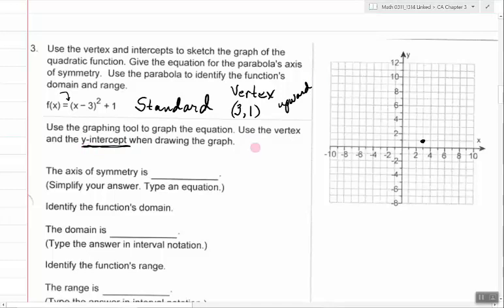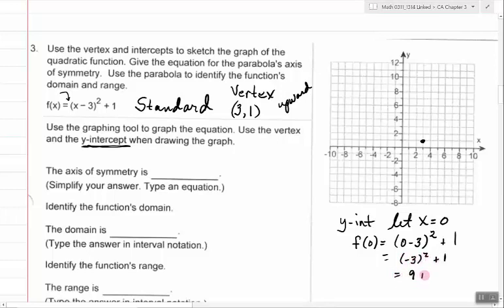So how do you find the y-intercept? Well, you let x be 0. So f of 0 is, open parentheses, 0 minus 3, quantity squared, plus 1. That is negative 3 squared plus 1, 9 plus 1, which is 10.